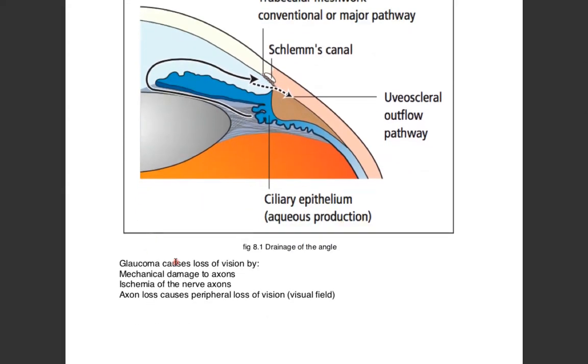Glaucoma causes loss of vision gradually. It's one of the biggest causes of irreversible vision loss. ممكن يكون في mechanical damage للnerves, ischemia of the nerves, وبرضه يكون في axon loss, which causes the peripheral vision loss of vision. So loss of vision حق الجلوكوما ممكن يكون visual field issues أو peripheral vision issues لأنه بيحصل شنو؟ الأكسونز هي اللي بتبدأ تموت.